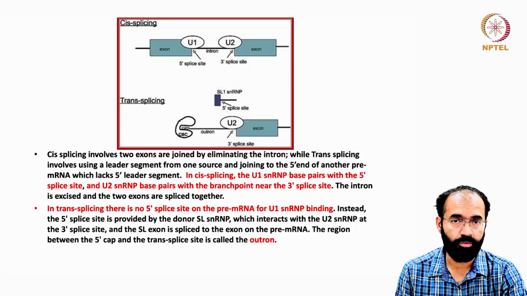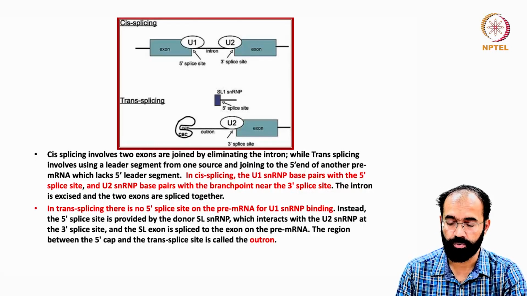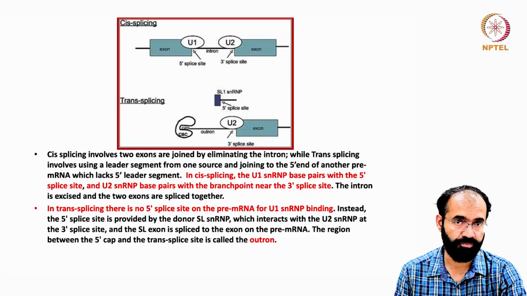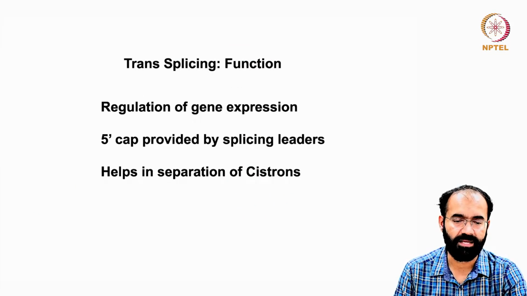Here the outron is removed as a small fragment expelled from the existing RNA, and that is why we refer to it as an outron. It contains both the exonic part, if any, or the unwanted intronic part. What are the functions of trans-splicing?